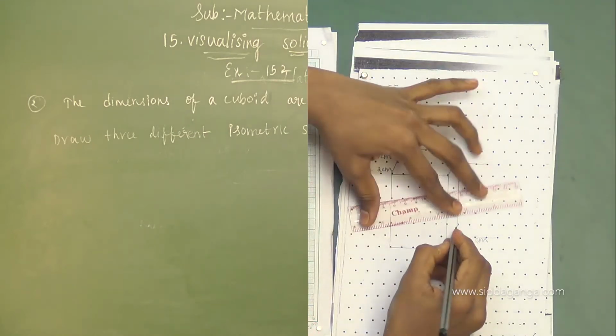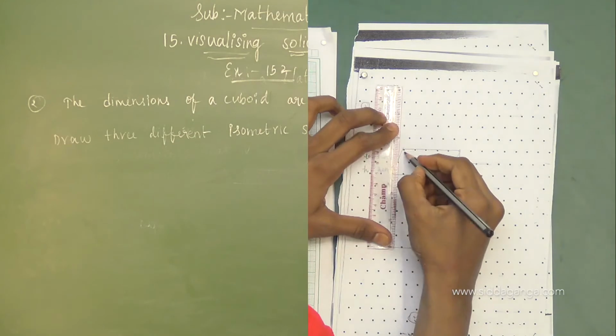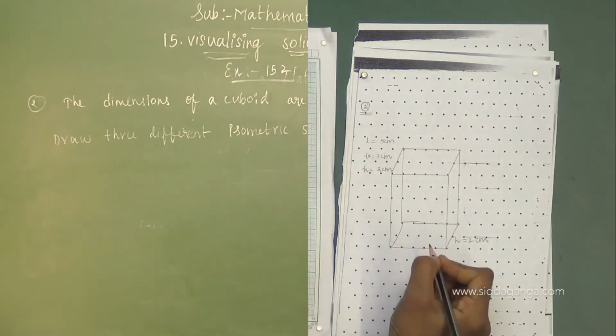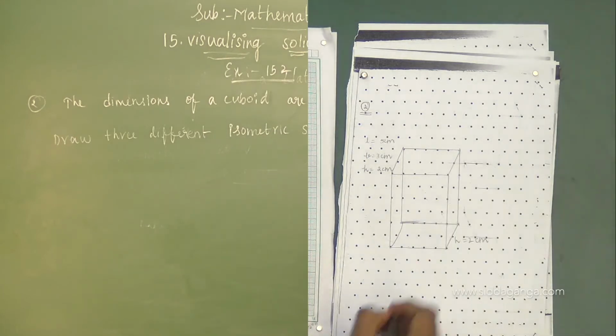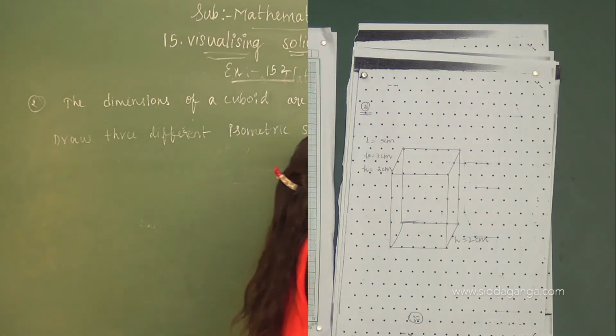Otherwise, generally how we will do, like that also we can do. This is the required cuboid, isometric sketch for the required dimensions.